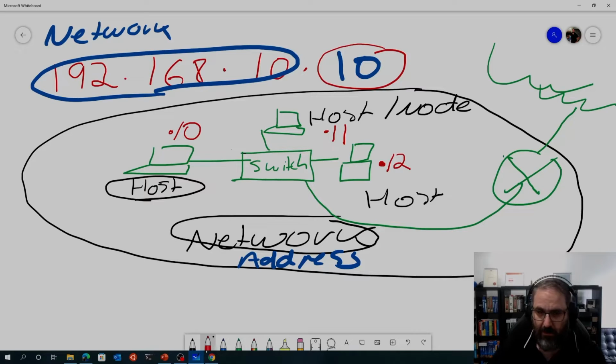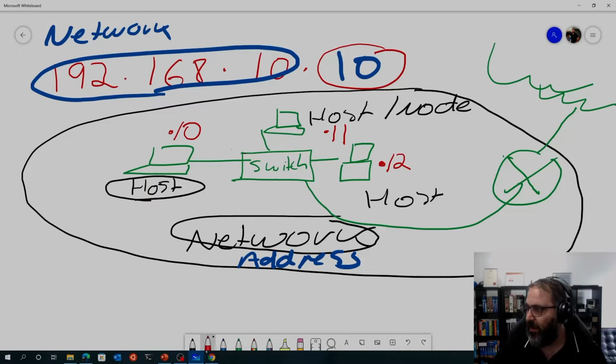Now, with the router, it's a little bit of an advanced topic, especially for beginners. What a router does is it segments different networks. So if I want to leave this network, I need to go through the router.